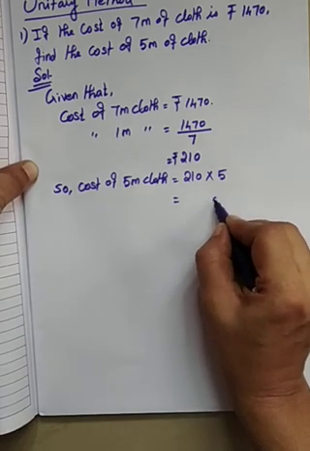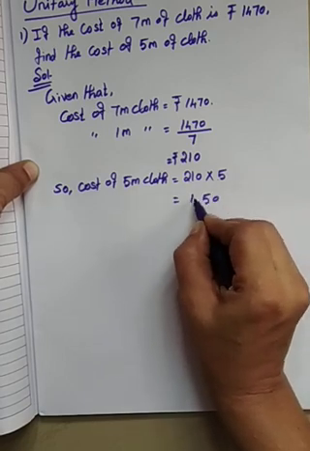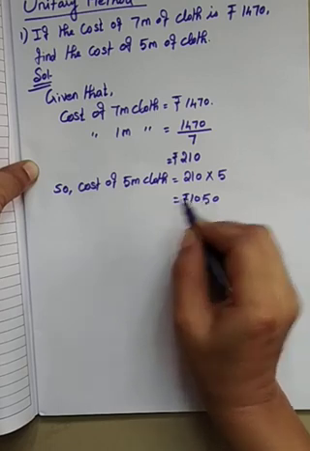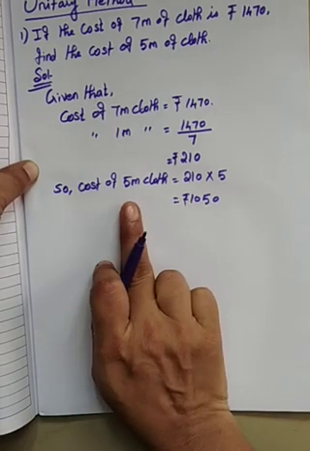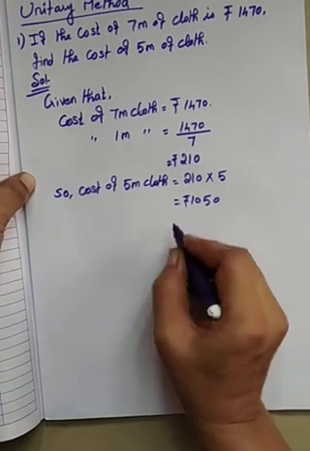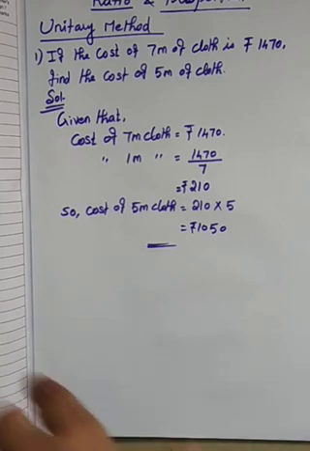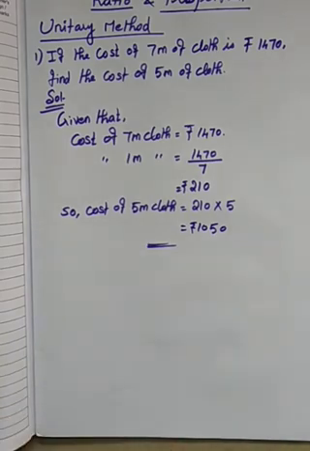See here, 0, 1 5s are 5, 5 2s are 10. So what is the amount? The cost of 5 meter cloth is rupees 1050. Everybody clear? Okay. See, what is the question? If the cost of 7 meter of cloth is rupees 1470, now we have to find the cost of 5 meter of cloth.